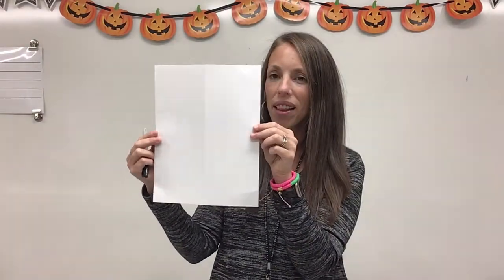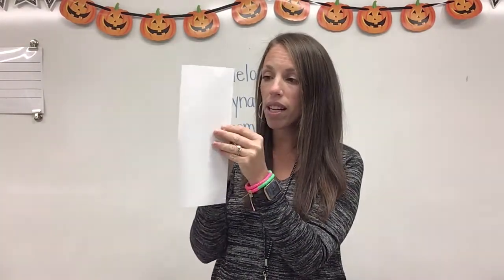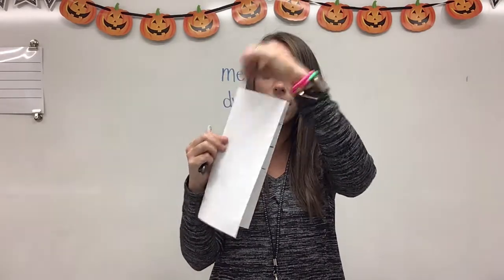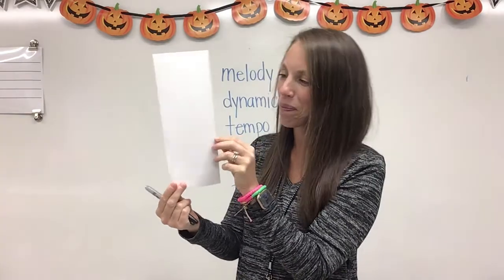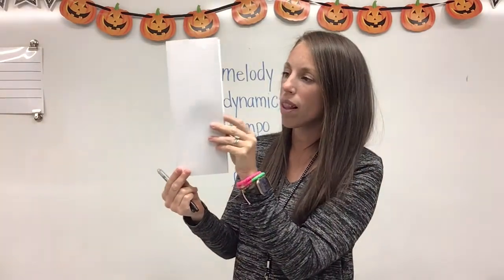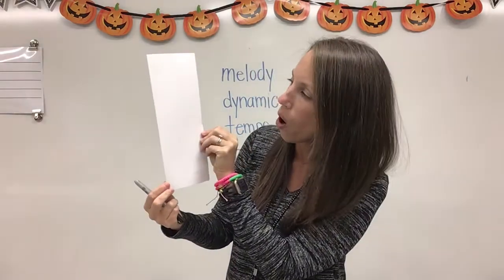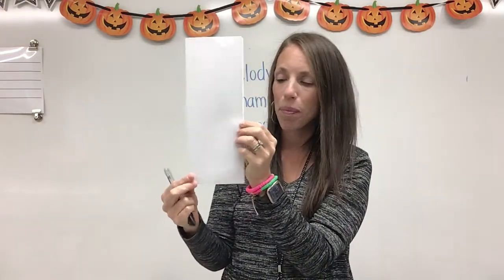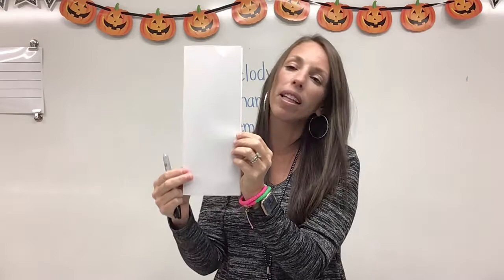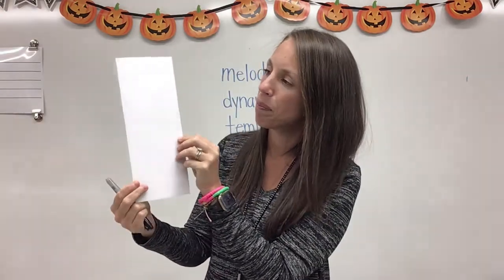Please take that piece of paper you got at the beginning of the lesson and fold it in half like a hot dog. So it will look like this. Your paper should be nice and tall. Make sure you crease that side really, really good.